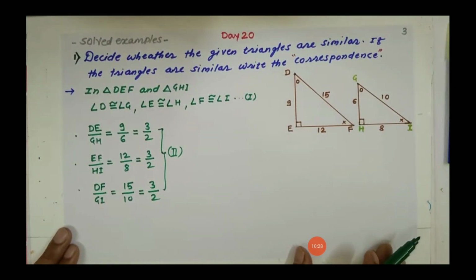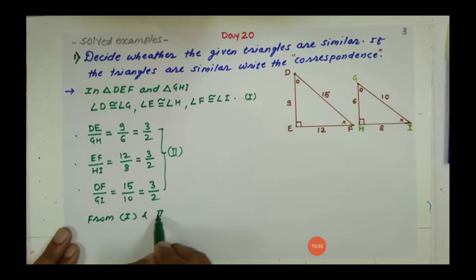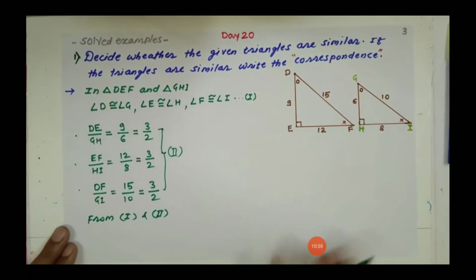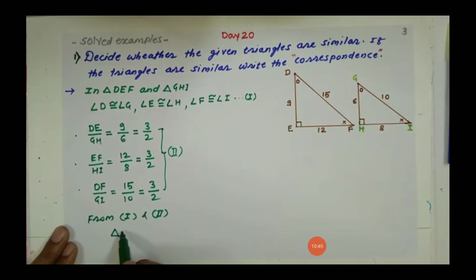So therefore, from 1 and 2, what is our conclusion? Triangle DEF is similar, this is the sign for similar, to triangle GHI.